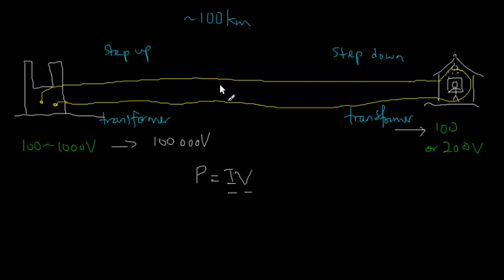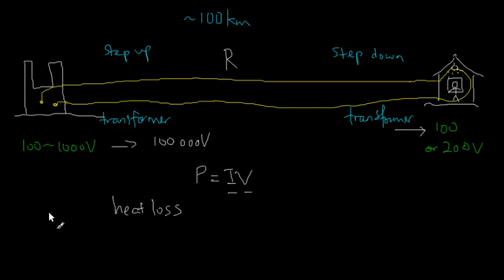And the reason why we want a very low current over this very long distance is to reduce the heating in the wires. Suppose that the total resistance of this electric cable over this 100 kilometers is given by R. And then there will be heating in the wire, and heat loss, right?